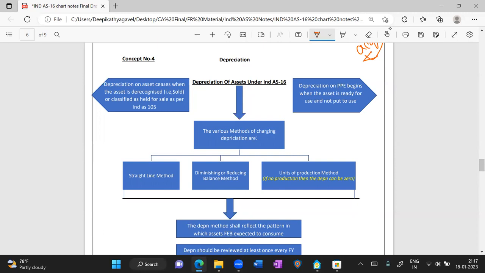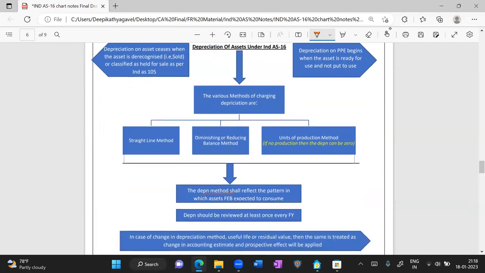If it is a production machinery, the most appropriate way of charging depreciation will be the production of units method, because on the basis of production of units only I'm trying to recover the future economic benefit from that asset. So the standard very clearly says that the depreciation method you adopt should reflect the pattern in which you expect the future economic benefit to flow from that particular PPE.